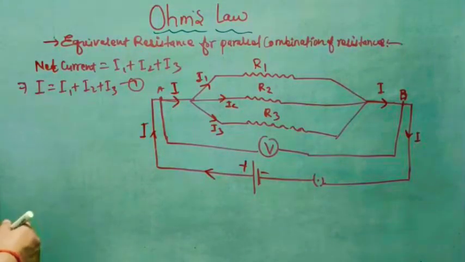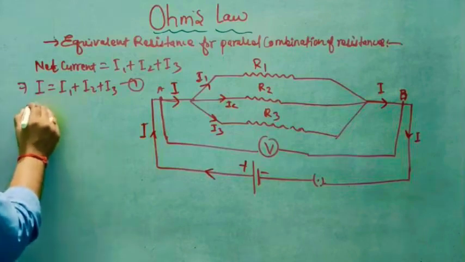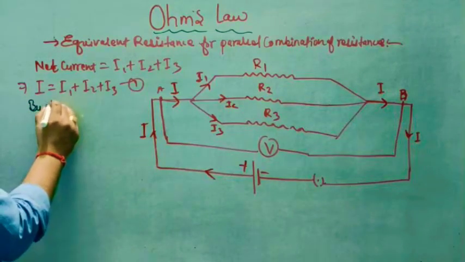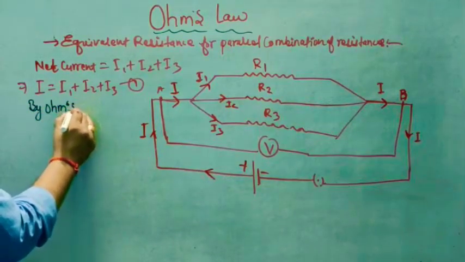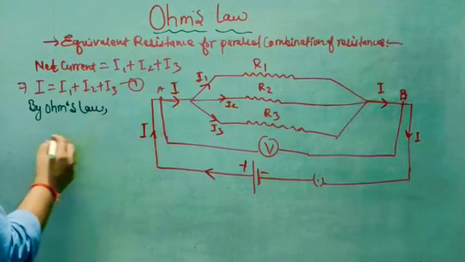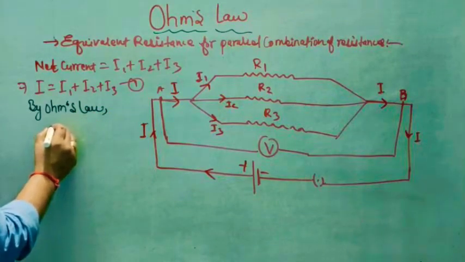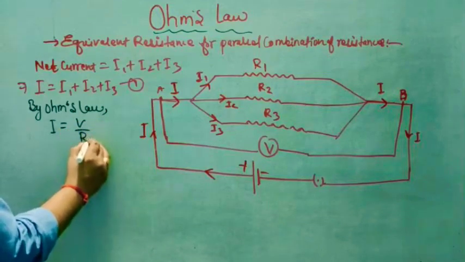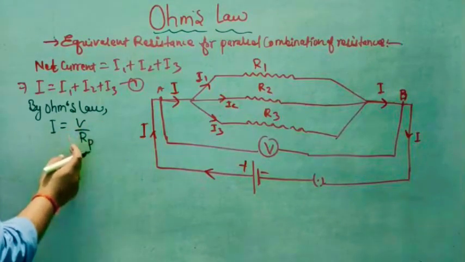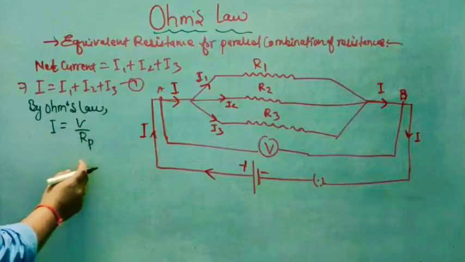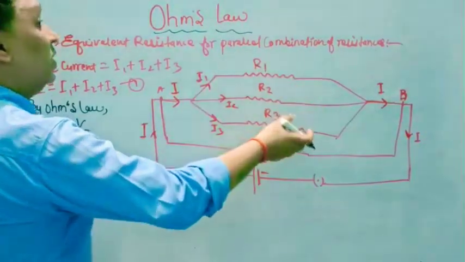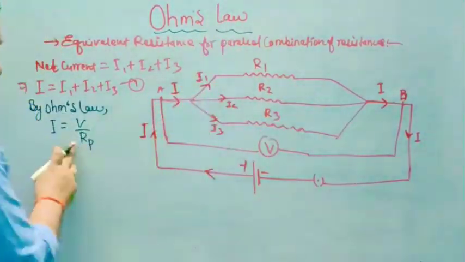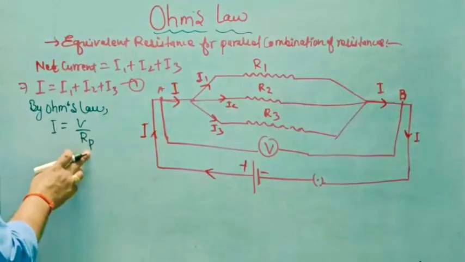Again by Ohm's law, we have I is equal to V upon Rp. It is the net effective resistance, right? The total resistance produced because of this combination, that is Rp, resistance for parallel combination.